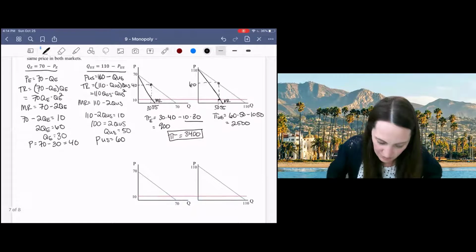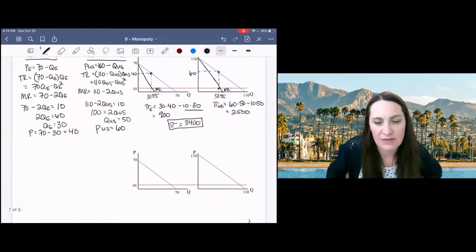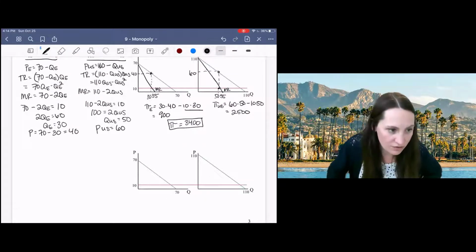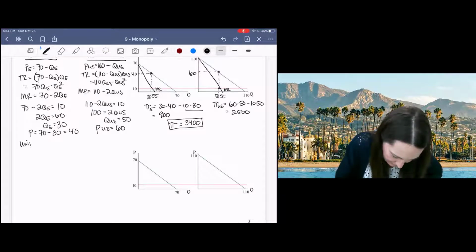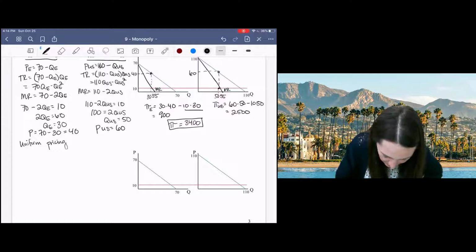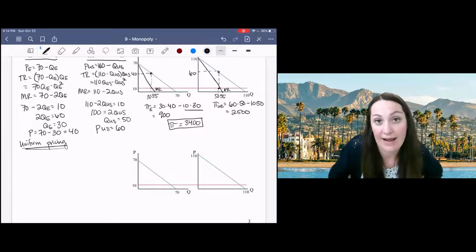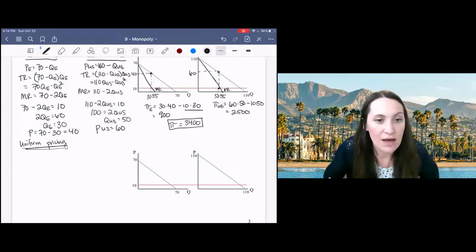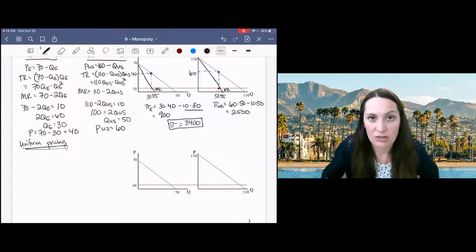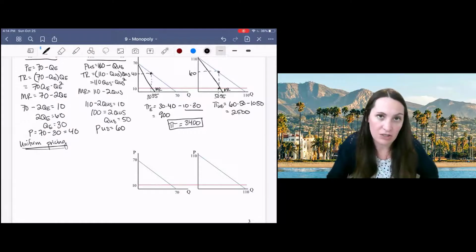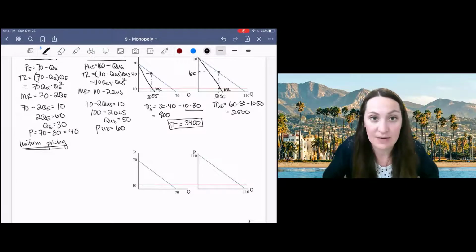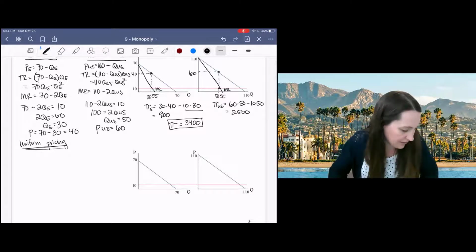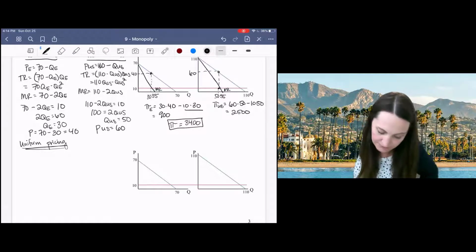Okay, so that seems pretty straightforward in terms of method. For uniform pricing, we need to think of these two different markets as one market to set one price and one quantity spread across the two different groups. And to do that, we need to aggregate the demand curves to one market demand curve, which luckily you have some experience doing, so hopefully this will not be too difficult.